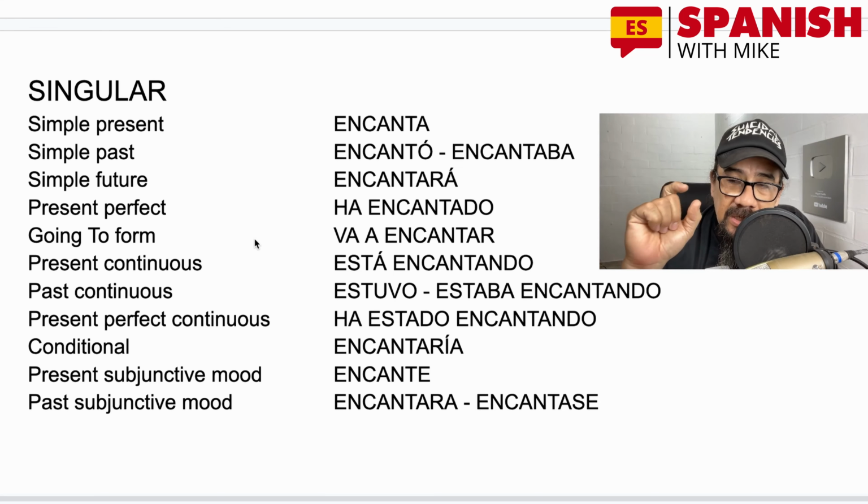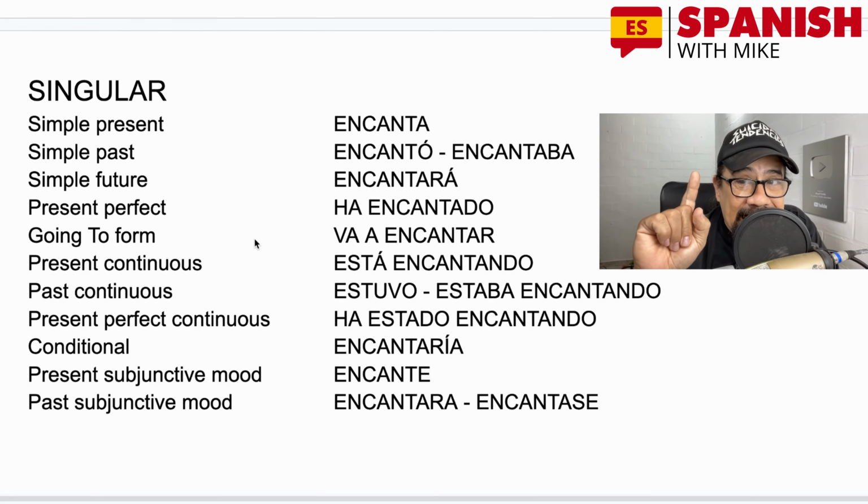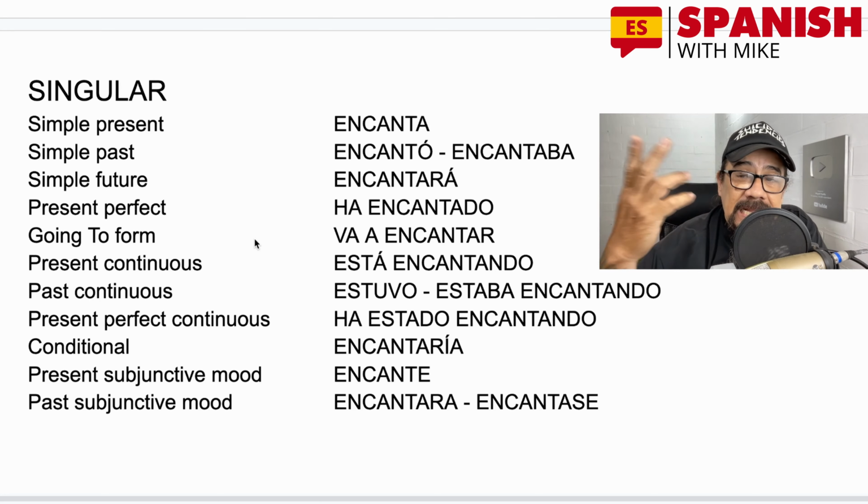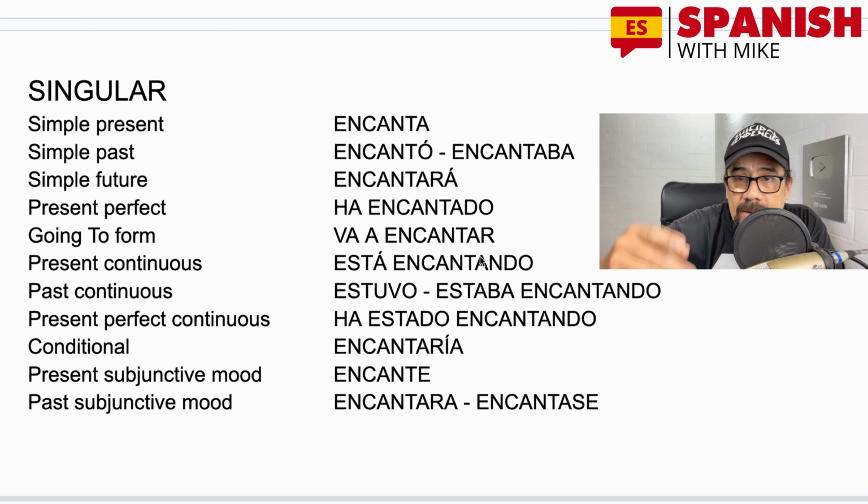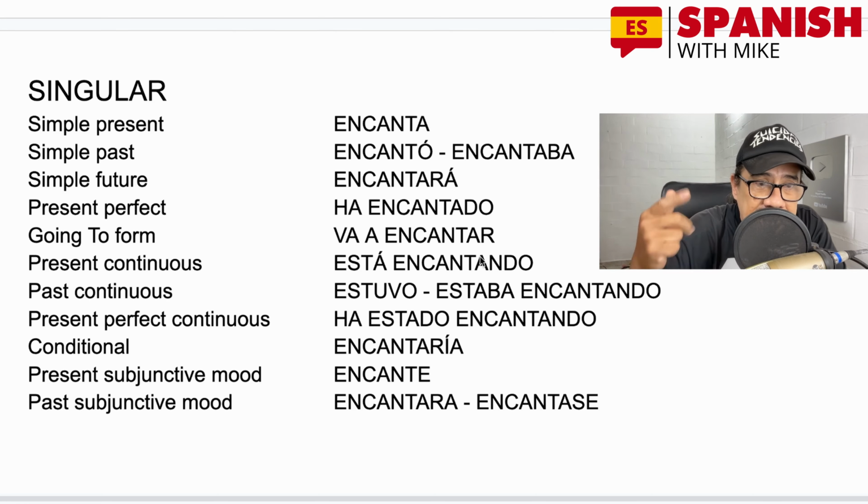The other thing is that when it comes to singular objects, let's say I love pizza, one thing, then the conjugation is one form, me encanta. I love pizza, me encanta la pizza. And we have the conjugation for all of the tenses. You see simple present, simple past, simple future, present perfect. In the simple past, we have two ways, because that's the way it works in Spanish.